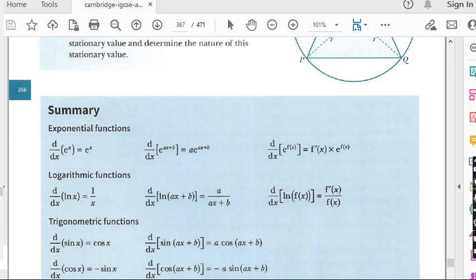So our next lecture will be on differentiation 2, chapter number 14.